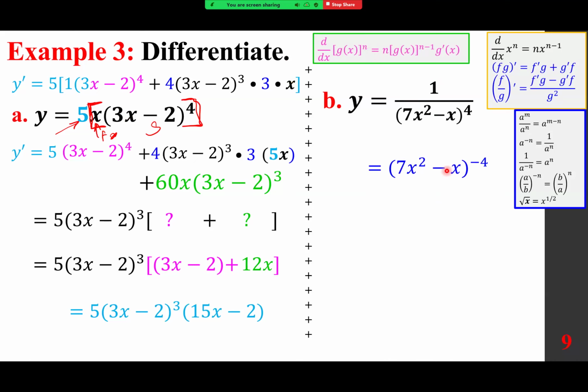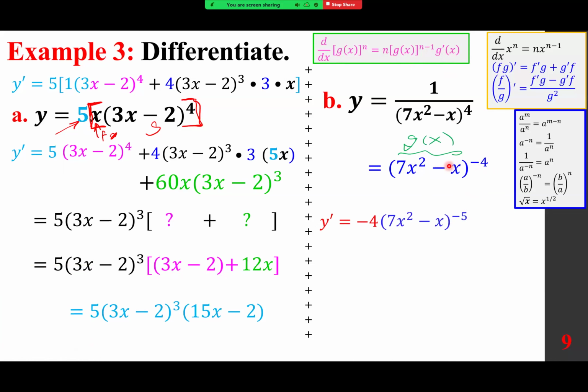So if this is your g function, and you can even write it if you will, this is the g or g of x. So according to the extended power rule, I need the n, which is -4. Then I write the same thing, (7x squared minus x) to the power of, subtract 1 from here, you get -5. So this is -4 minus 1.